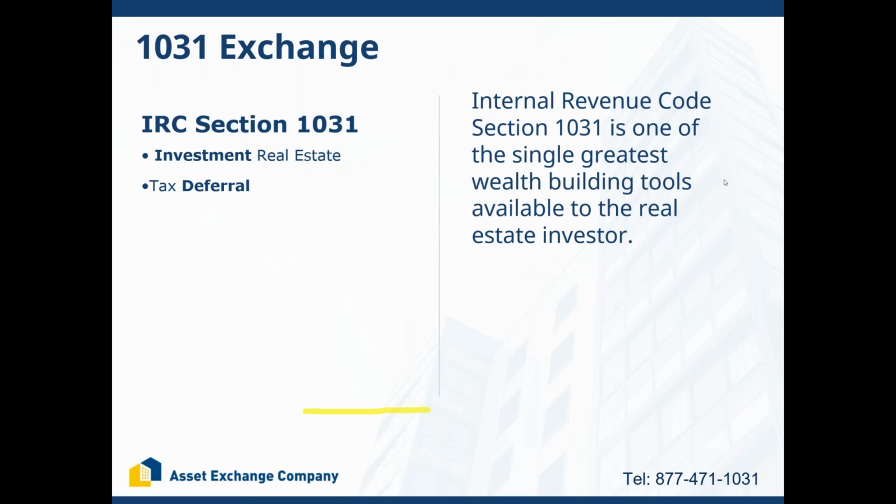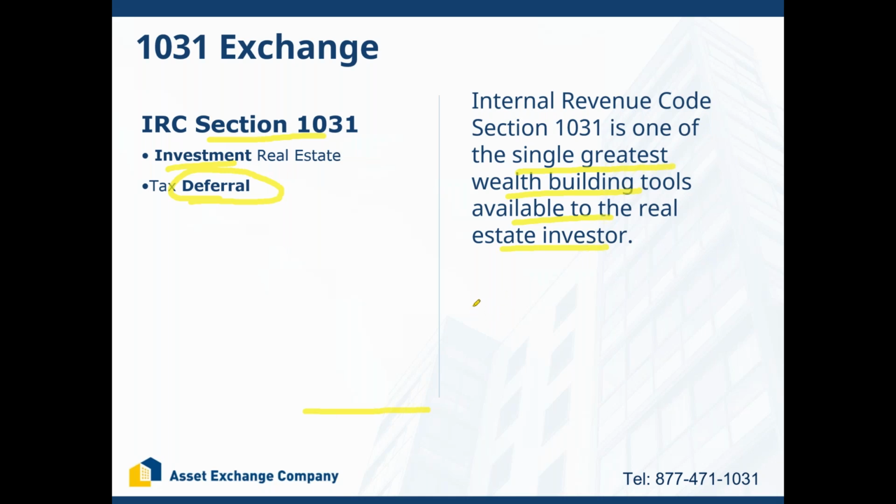Now, let's talk 1031. Section 1031 of the Internal Revenue Code has been called the single greatest wealth building tool available to investors. Now, why is that? Well, it is because with Section 1031, you can sell an investment property and defer the tax payment that would have otherwise gone to the government.